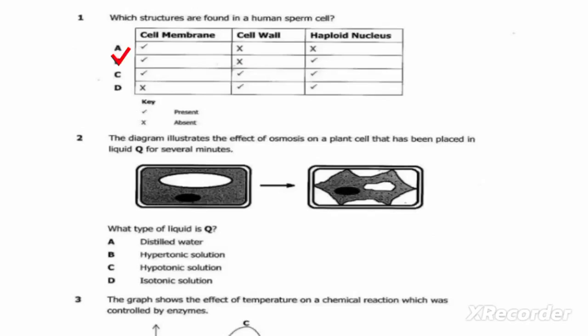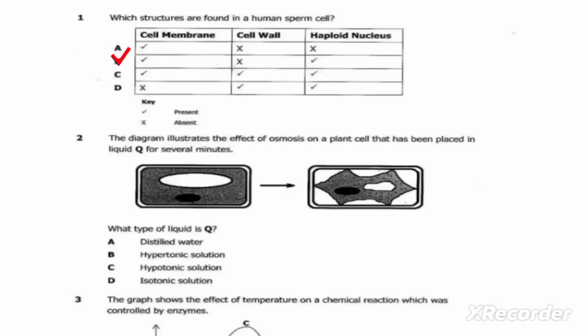We can see that initially the cell was looking like this. Then after immersing this cell in liquid Q, the cell is looking like this. In short, the water molecules have moved out of the cell. The first thing that we are going to do is to define hypertonic solution. A hypertonic solution is a solution that is highly concentrated.